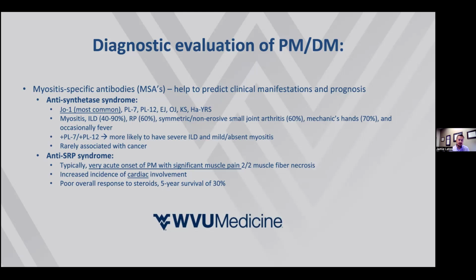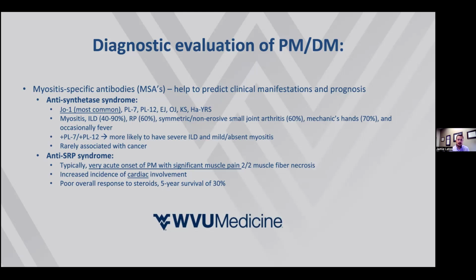These patients may develop muscle fiber necrosis, so they tend to have a lot more pain associated with their weakness. This antibody profile also has a higher association with potential for cardiac involvement, as well as poorer overall response to steroids and a much lower survival rate than what most of our patients would have.